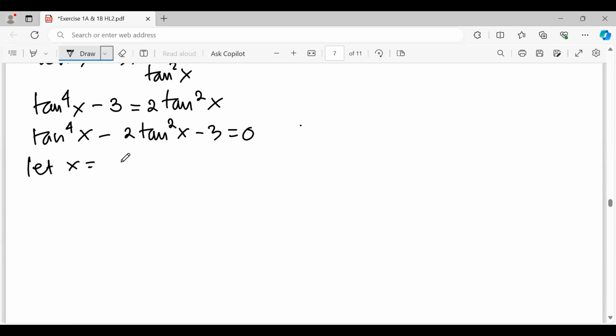Let x equal tangent squared x, meaning this equation becomes x squared minus 2x minus 3 equals 0.